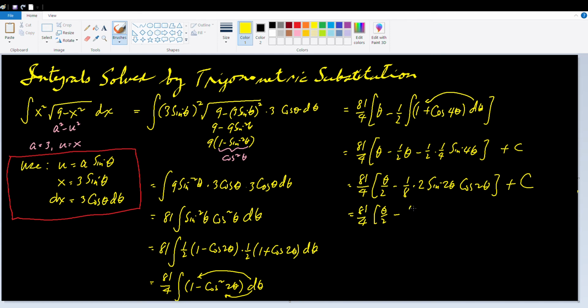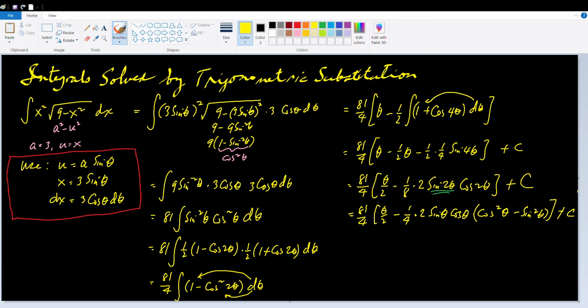1/4 of sine 2 theta. Again, sine 2 theta is equivalent to 2 sine theta cosine theta, while cosine 2 theta is equal to cosine squared theta minus sine squared theta.